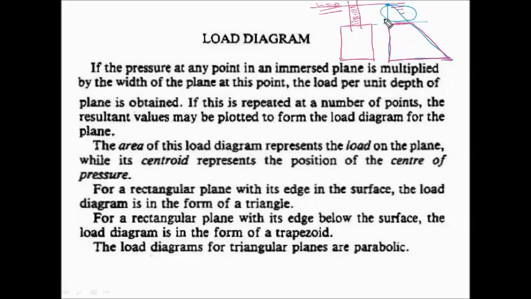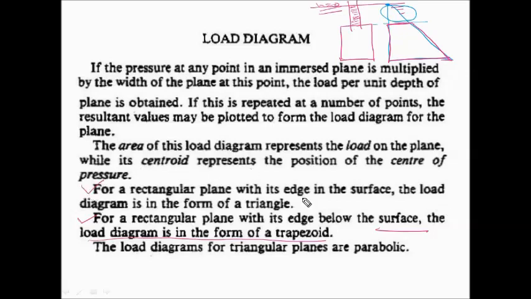So in this case, the load diagram is like a trapezoid. That is what is written over here: for the rectangular plane with its edge below the surface, the load diagram is in the form of a trapezoid.